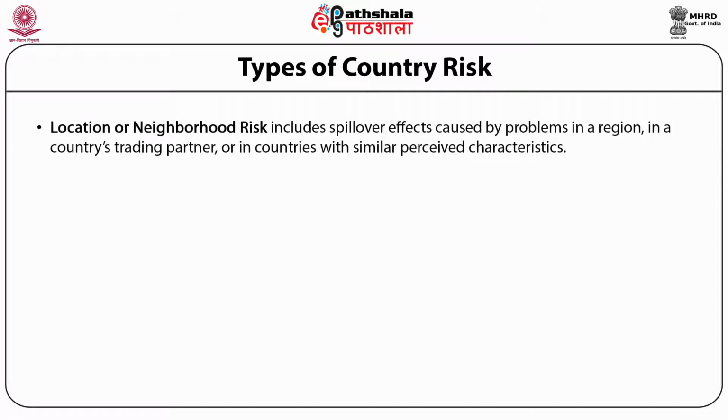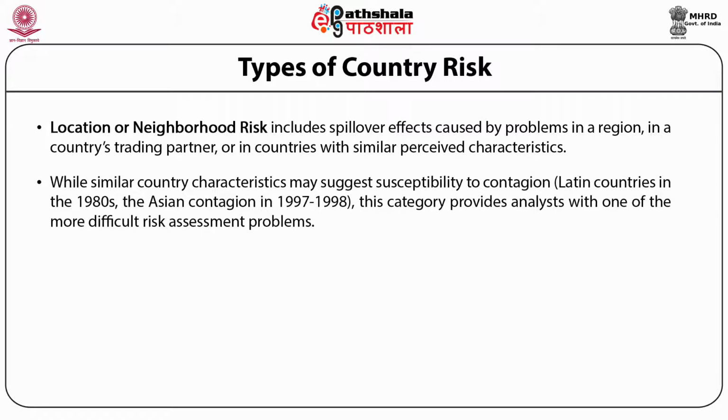Location or neighborhood risk includes spillover effects caused by problems in a region, in a country's trading partner, or in countries with similar perceived characteristics. While similar country characteristics may suggest susceptibility to contagion, that is, Latin countries in the 1980s, the Asian contagion in 97-98, this category provides analysts with one of the more difficult risk assessment problems.